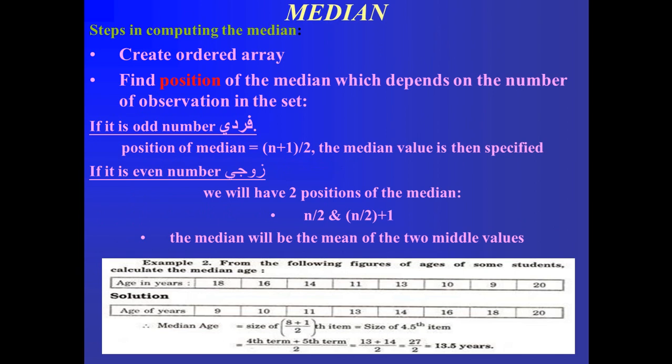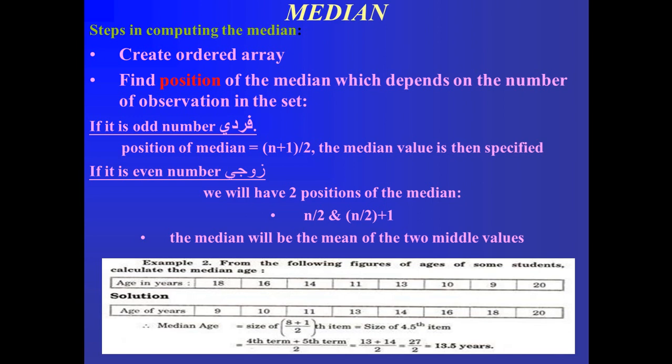So how do we calculate it? Steps in computing the median. First of all, we have to create an ordered array. If it is not organized, not ordered, we have to create an ordered array first. And second, we have to find the position of the median, which depends on the number of observations in the set.